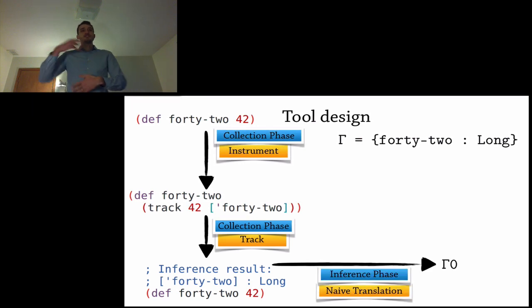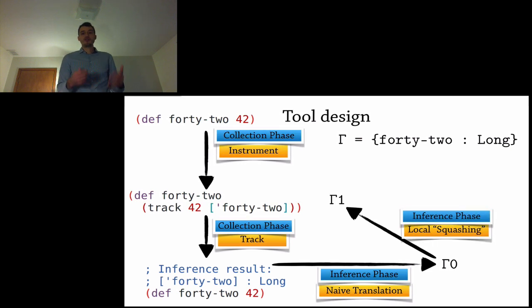So there's a naive translation, which is basically a direct translation from what it saw into a type environment. But now the type environment is quite large. We want it to be smaller. So there are a couple of strategies that we use to make it smaller. First is called local squashing, and the idea is if we have a type that's deeply nested but looks recursive, local squashing optimistically turns it into a recursive type when it's a good idea, or at least when certain parameters hold.